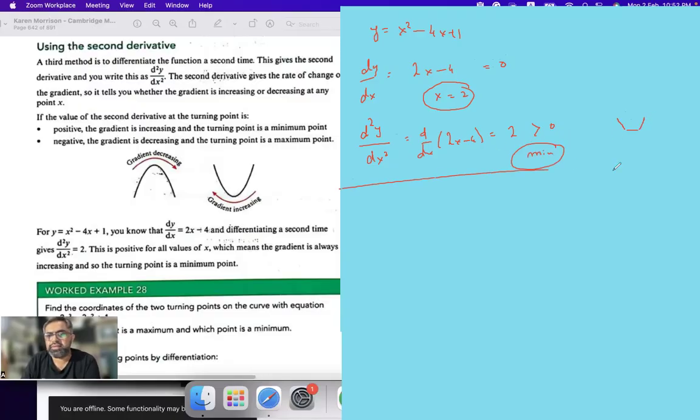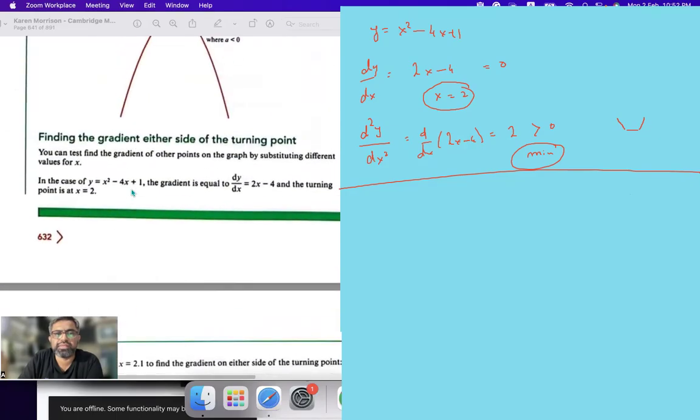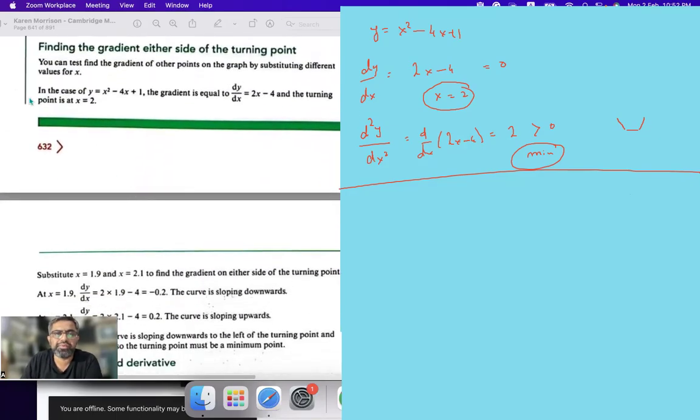So another way to look at whether it's a minimum point or a maximum point is to check the vicinity of a turning point. We take some neighboring points of the turning point. For example, over here we have the turning point x is equal to 2.